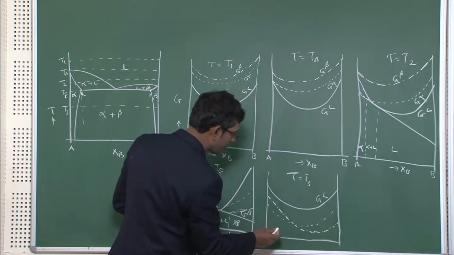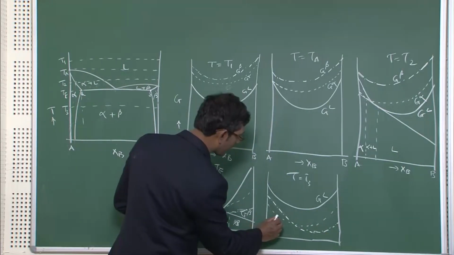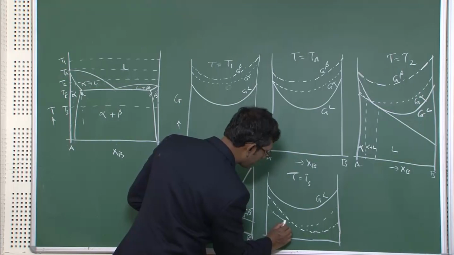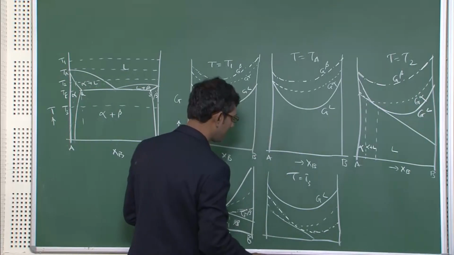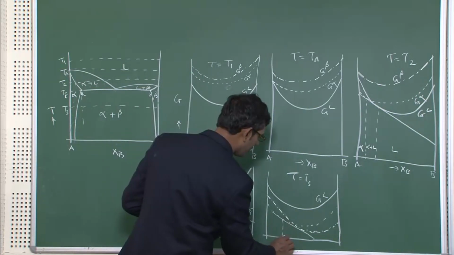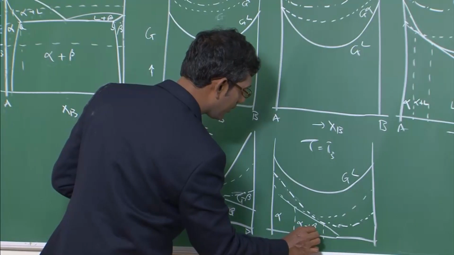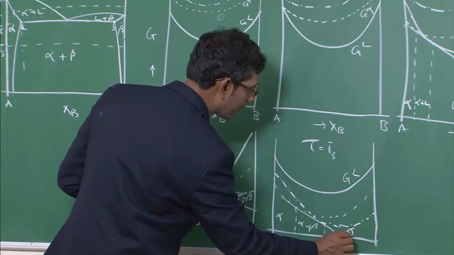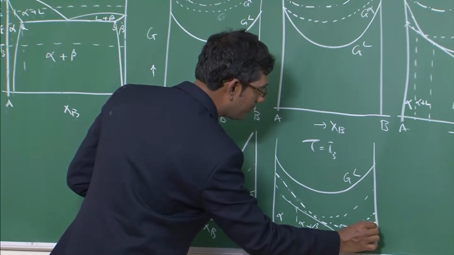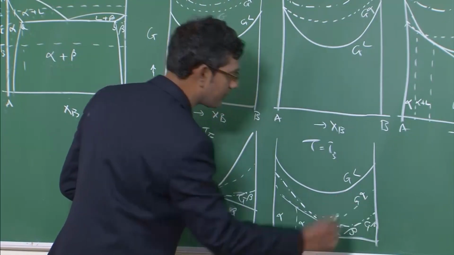So you can clearly see that alpha and beta are crossing over, so there is a common tangent I can draw here between them. So this is alpha plus beta, and this is beta. Remember this is G beta, this is G alpha free energy curves.